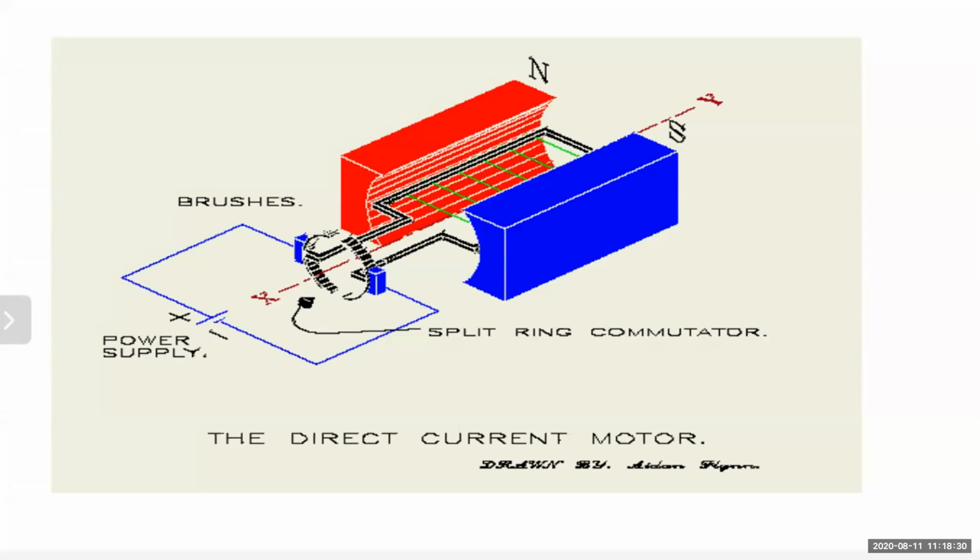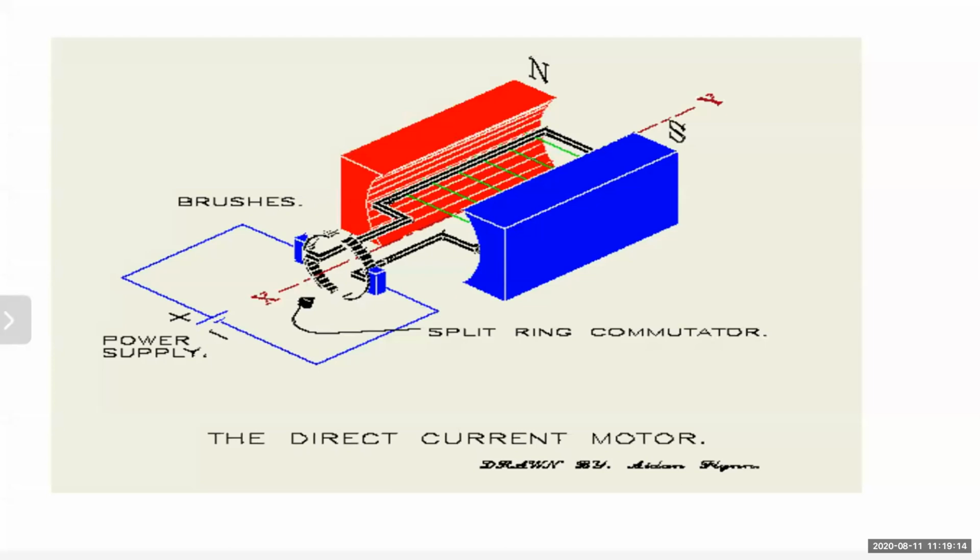When the circuit is completed, the current flows in the branch AB of the loop from A to B through the carbon brushes C and D. The current flows through the coil, and the magnetic field is directed from north to south pole, according to Fleming's left-hand rule.